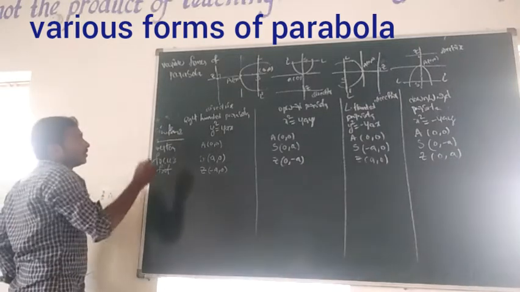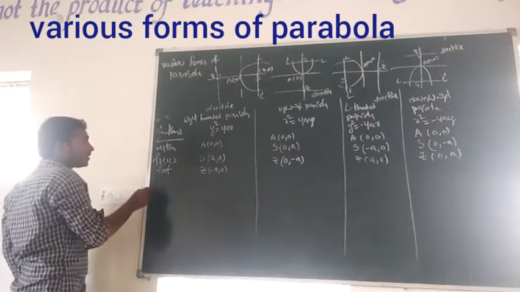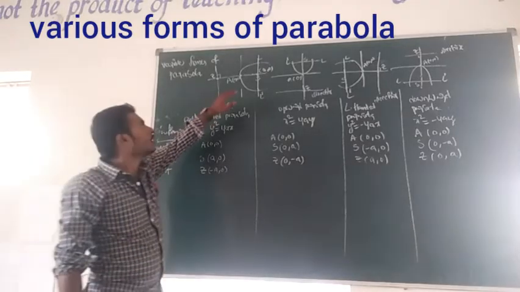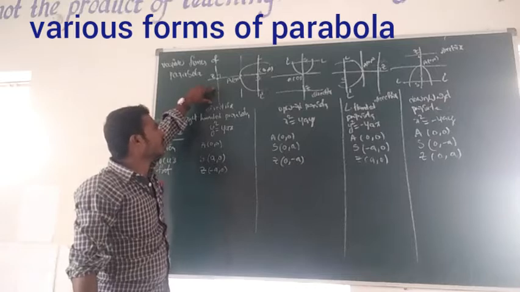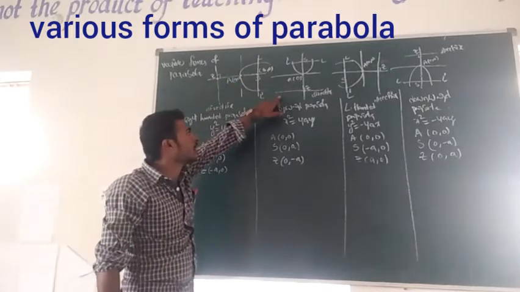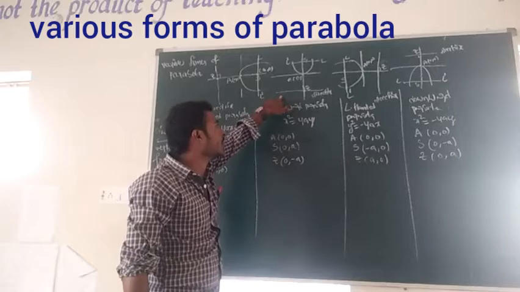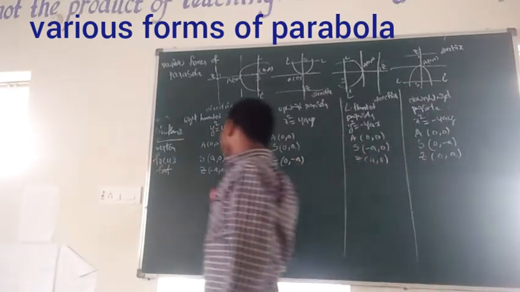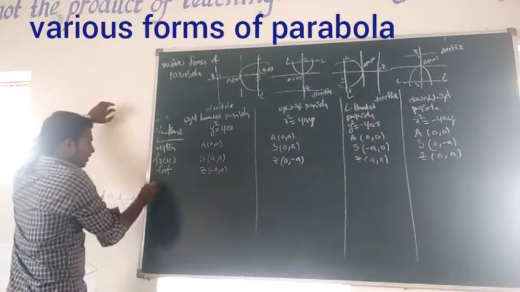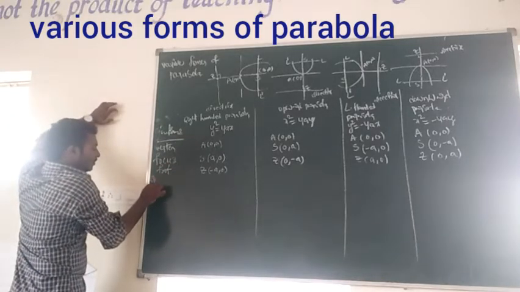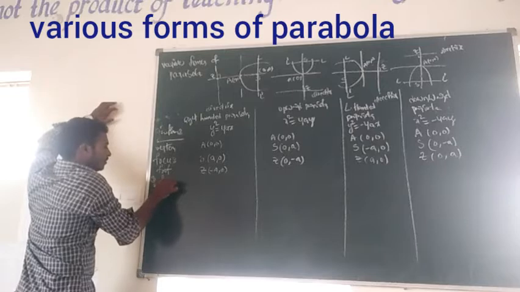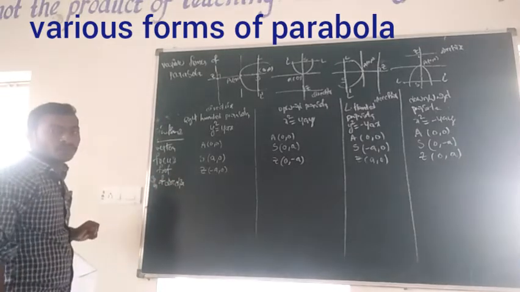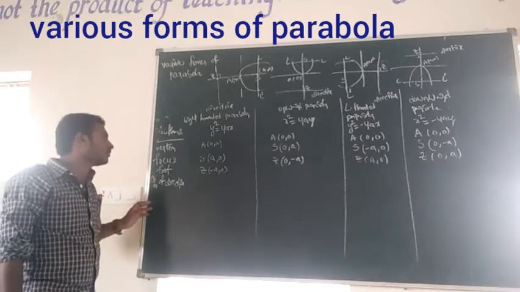Now we may take the equation of directrix. Here we have a directrix, and here we have a directrix, and also we may have a directrix. How do we take the equation of directrix?